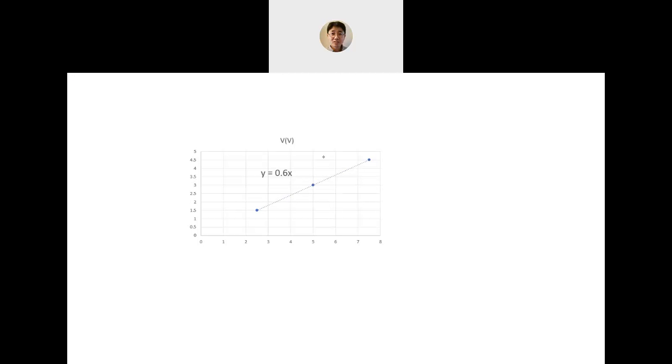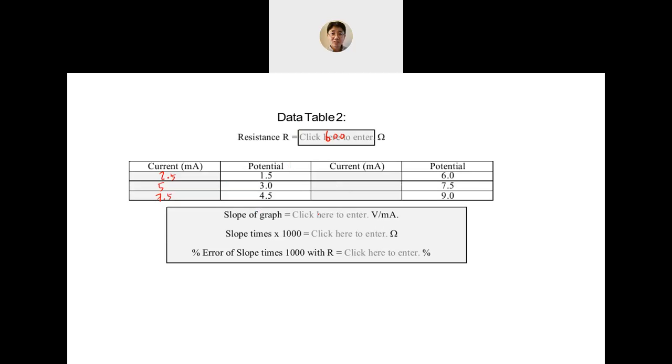This is the slope. Slope is 0.6 volt per milliampere.